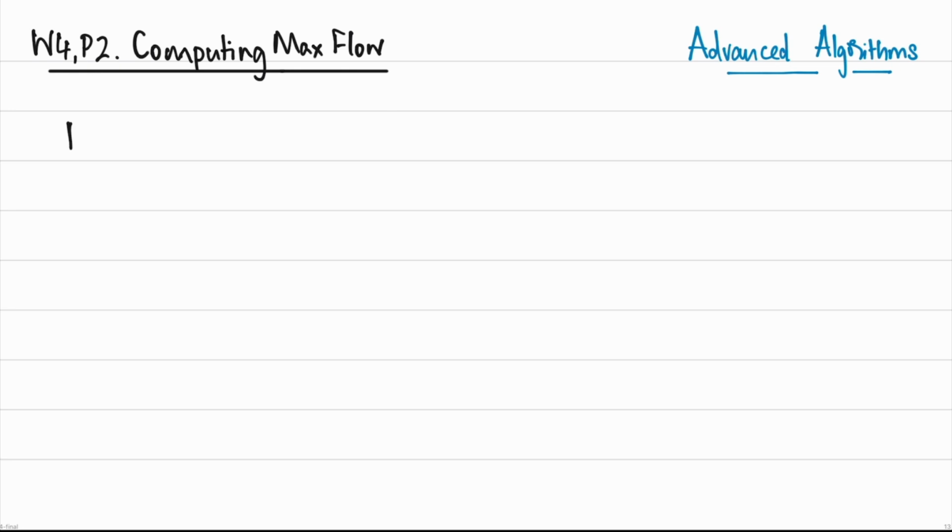So let f be this arbitrary flow that we have fixed and consider the value of f. Remember, we defined the value of f as being the net flow that comes out of the source vertex. So this is basically by definition.